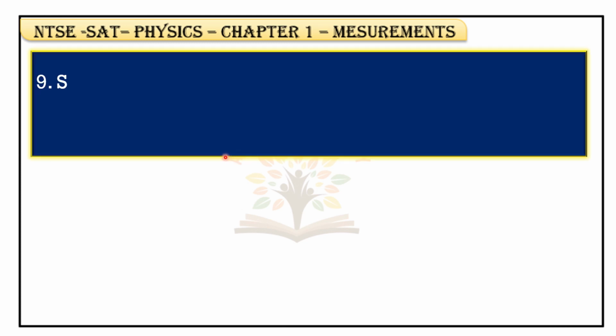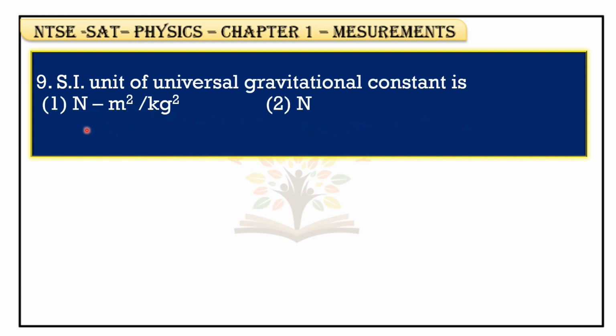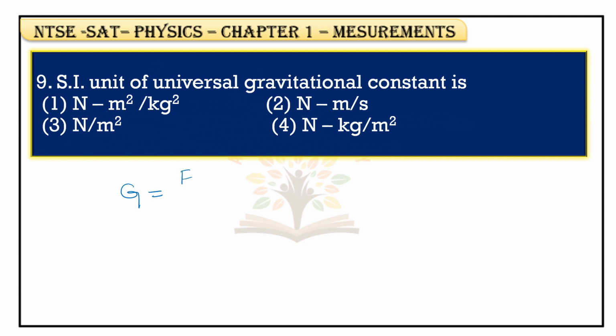Okay. Next, SI unit of universal gravitational constant is Newton meter square per kilogram square, Newton meter per second, Newton per meter square, Newton kilogram per meter square. So SI unit of gravitational constant, that is G. G is equals to F r square by m1 m2.